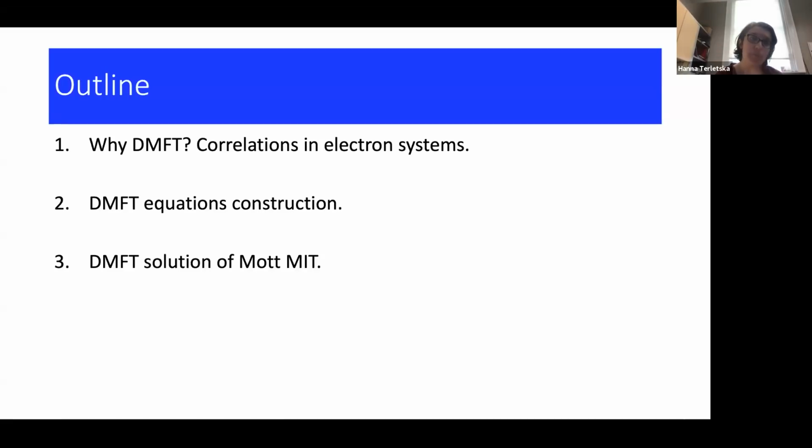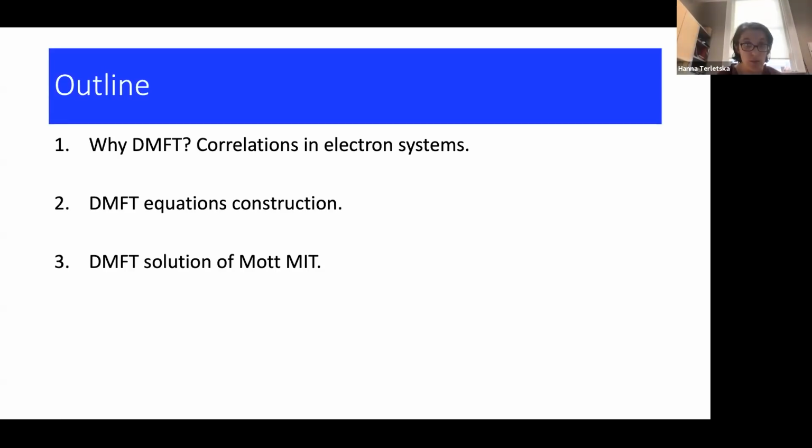And this is coming from the fact that many materials are correlated, and DMFT is one of the most successful theories for treating correlation in electron systems. Then I will discuss or outline how DMFT equations are constructed, just for educational purposes, and I will show one of the biggest successes of DMFT in solving the Hubbard model, and in particular in the context of the metal insulator transition.